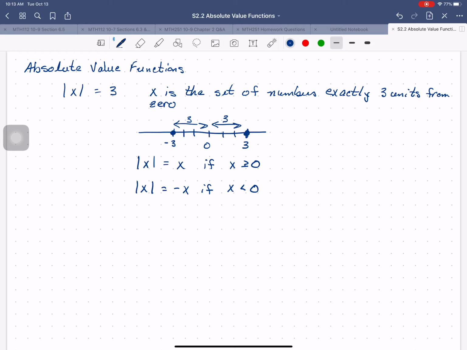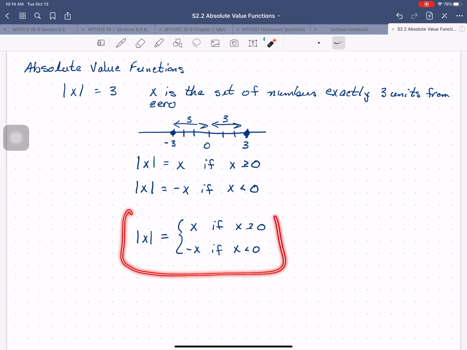If we write this in a more compact form, we get the piecewise definition of the absolute value. So the absolute value of x equals x if x is greater than or equal to 0, and the opposite of x if x is less than 0. This definition will form the foundation of everything we do for the remainder of this section.